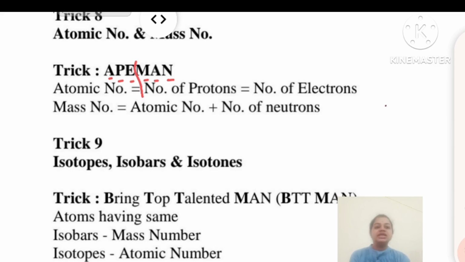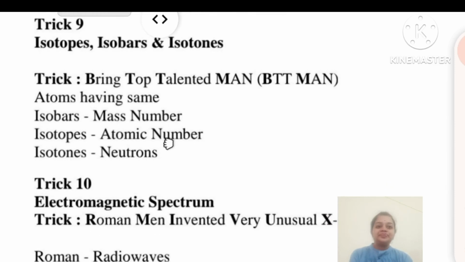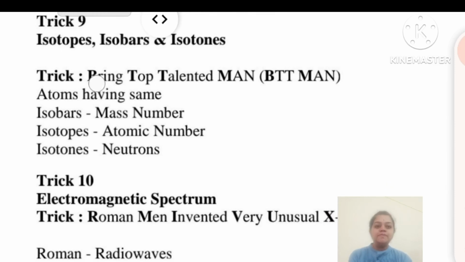Okay. Next, isotopes, isobars and isotones. See, bring a top talented man, that is BTT man. Why BTT? B is for bars, isobars. T is for isotopes. Then another T is for isotones.